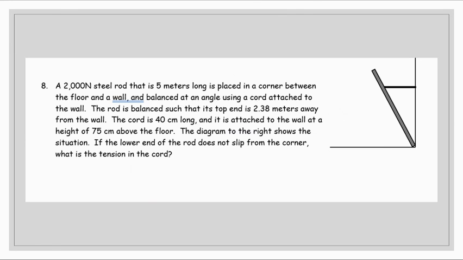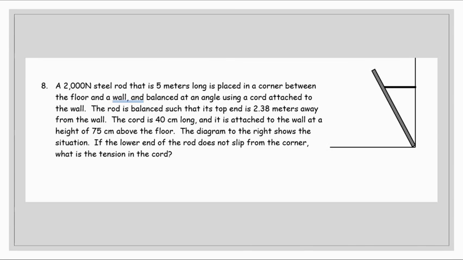And then finally, we have one last question. It's a 2,000 Newton steel rod that is 5 meters long, placed in the corner between the floor and a wall and balanced at an angle using a cord attached to the wall. The rod is balanced such that its top is 2.38 meters away from the wall.